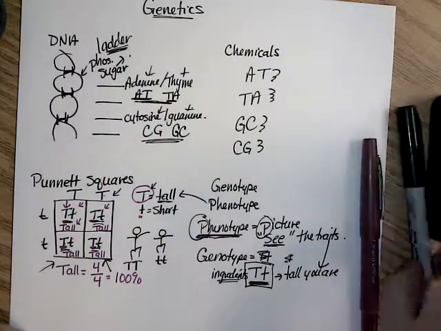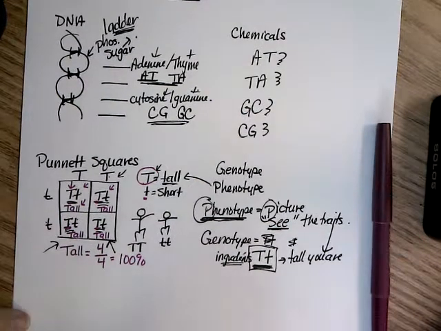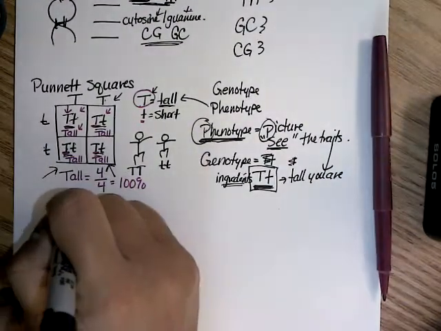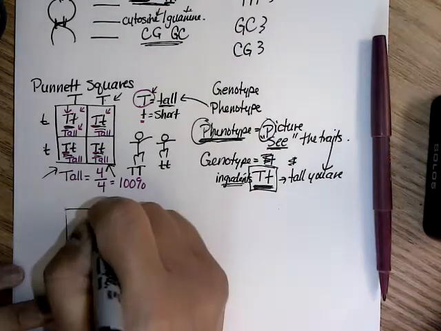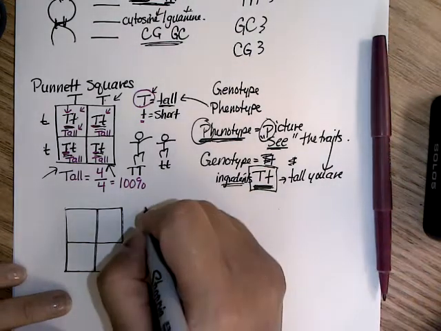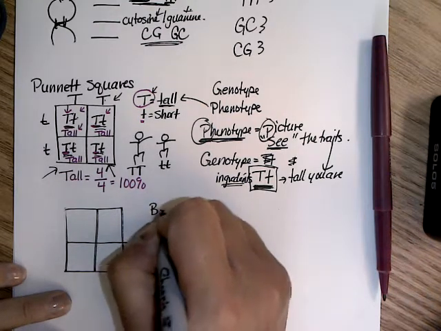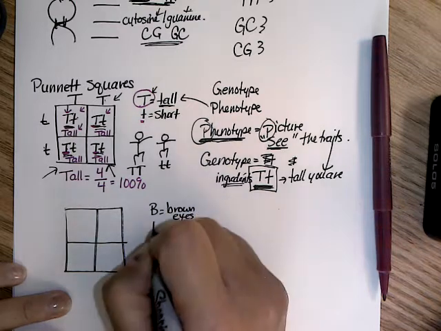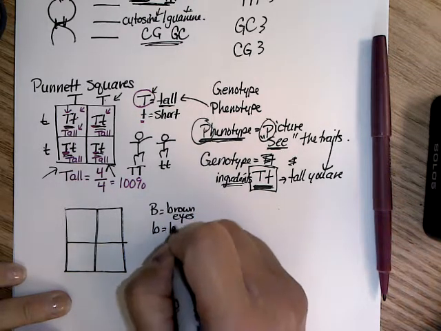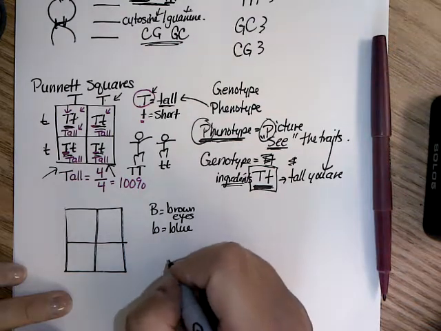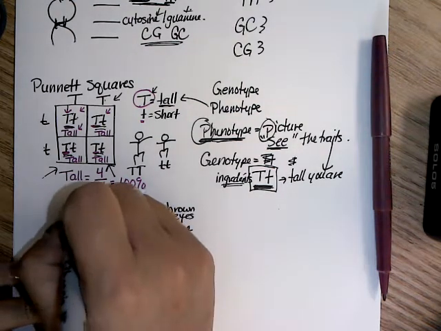Okay, so let's try another one. I'm just going to squish this up for a second. Okay, and I'm going to do capital B for brown eyes, small b for blue. Okay, and let's cross somebody with brown eyes.